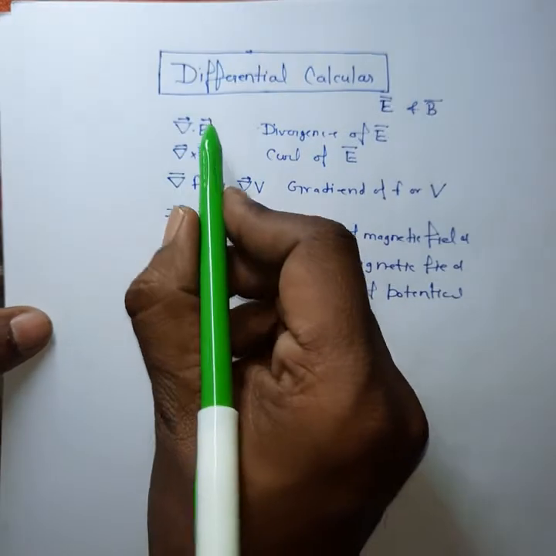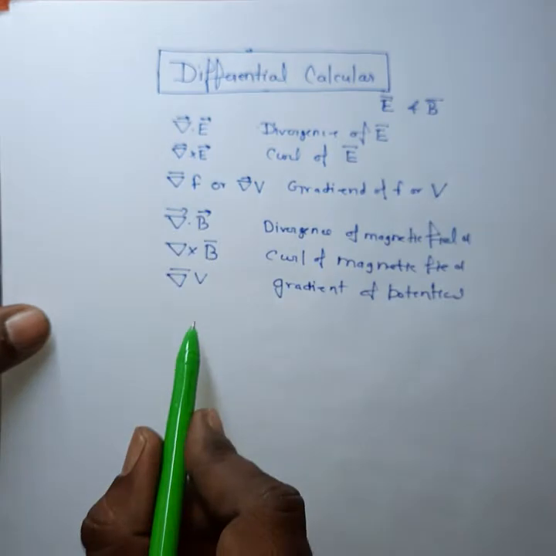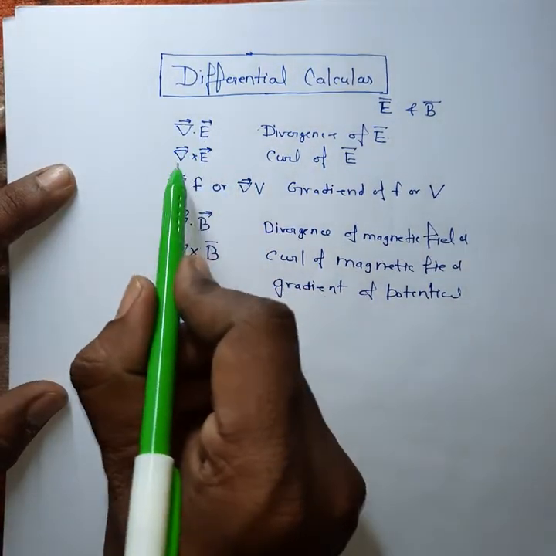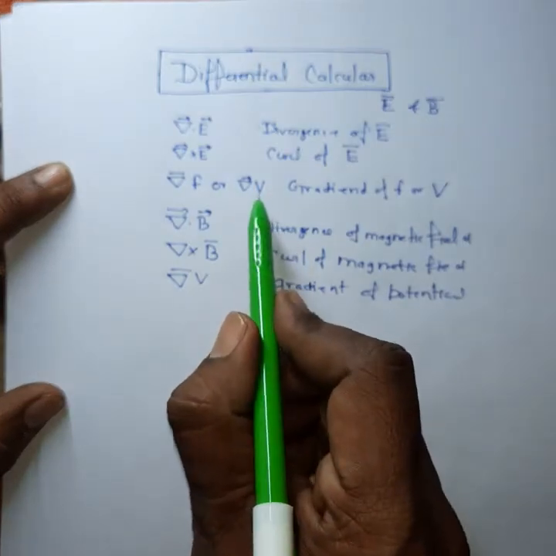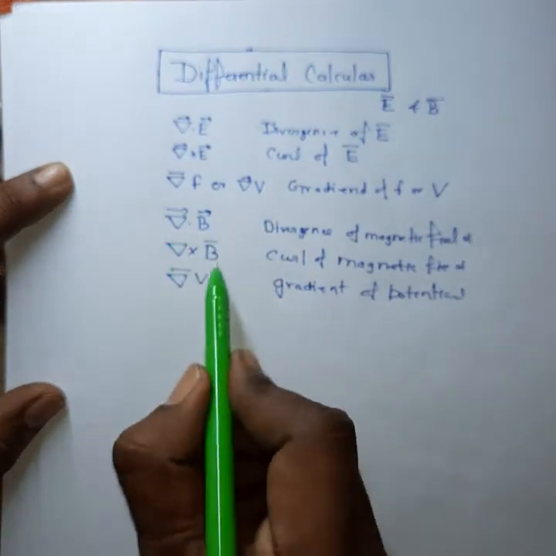So you will always see terms like these: divergence of E, curl of E, gradient of V, divergence of V, curl of V.